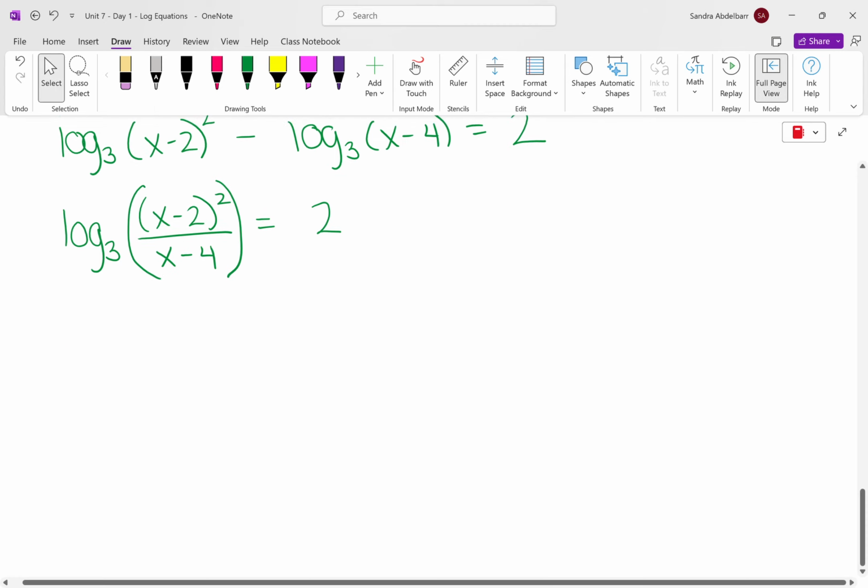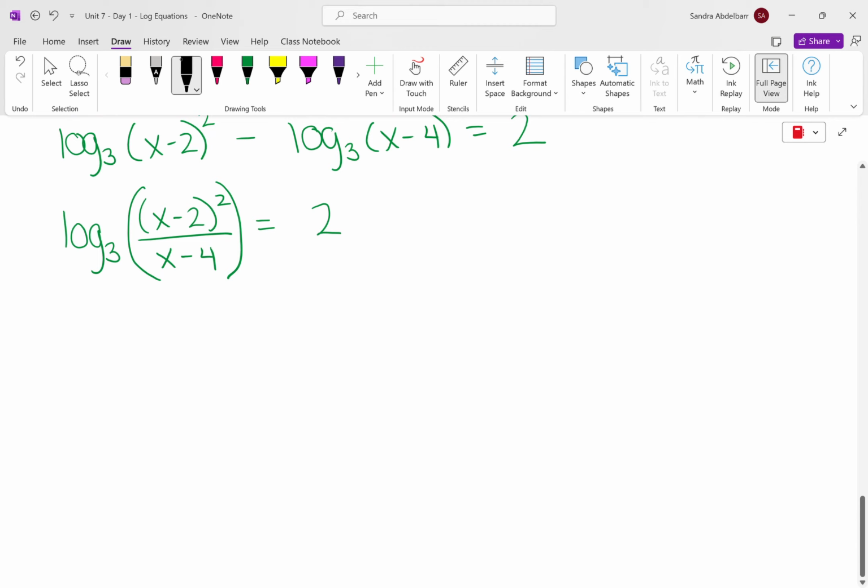So now when I change this back into exponential, what is my base? 3. Good. My exponent is 2. And my answer is the whole entire argument, x minus 2, that quantity squared, over x minus 4.